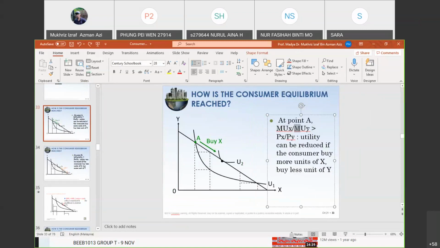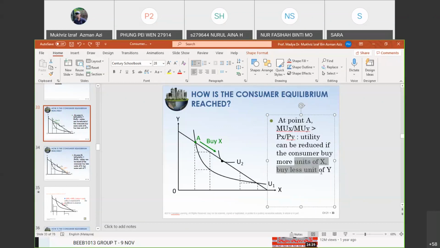But for MUY, you can increase this value, because if this value increases, this ratio will become smaller. How to increase MUY is to reduce the quantity of Y, because it is the opposite. If you increase quantity, you get lower MU, so if you want to increase MU, you need to reduce the quantity.